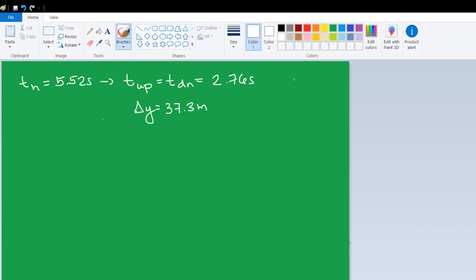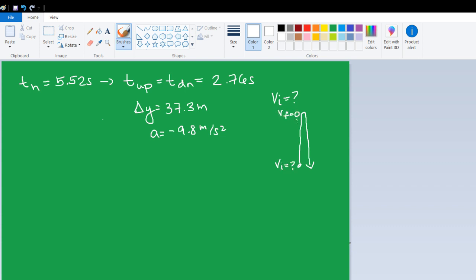Okay, and let's say we now want to get the VI, or the initial velocity by which we launch the arrow. We know that gravity is equal to negative 9.8 meters per second squared, and to get the VI, well, this time we have to analyze the going up motion. This is the VI.